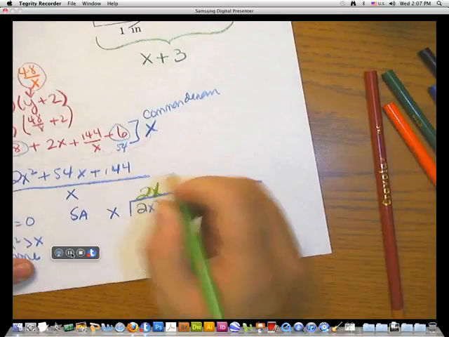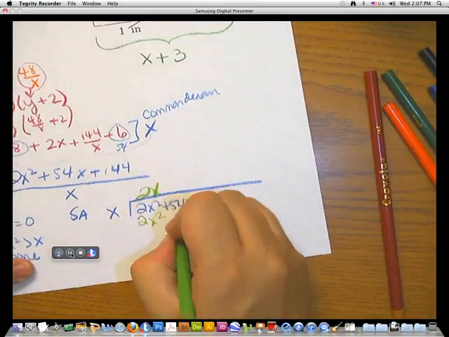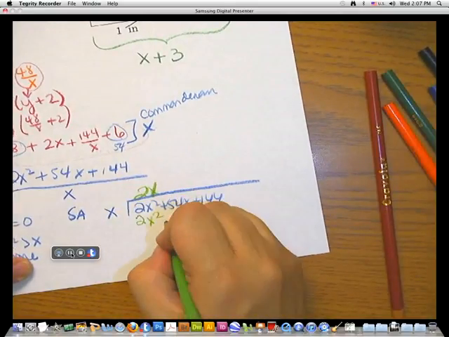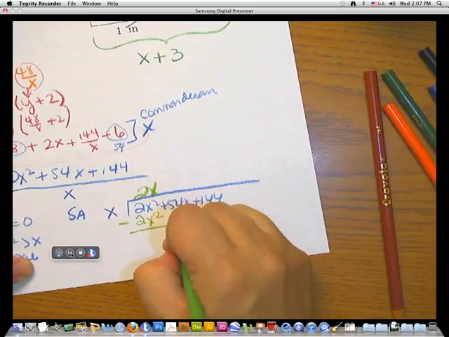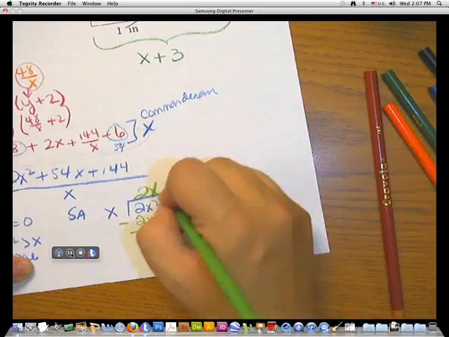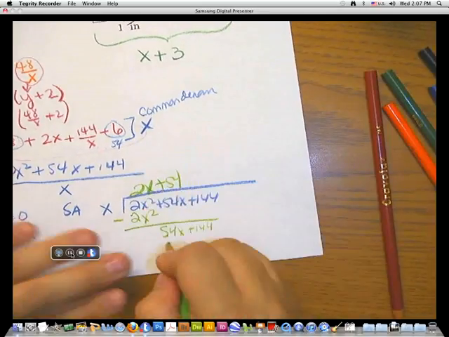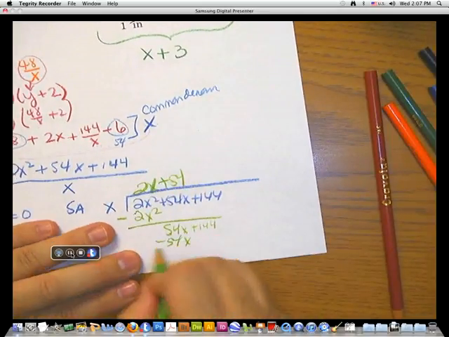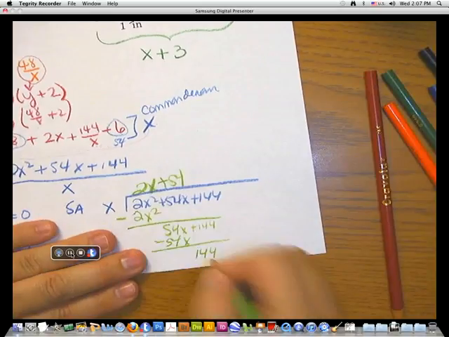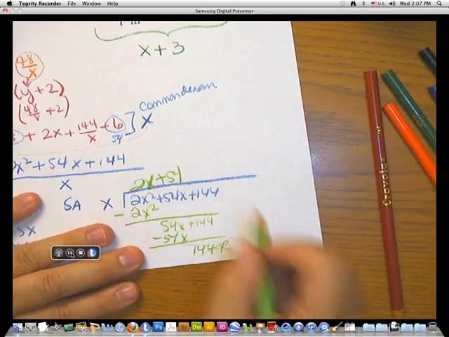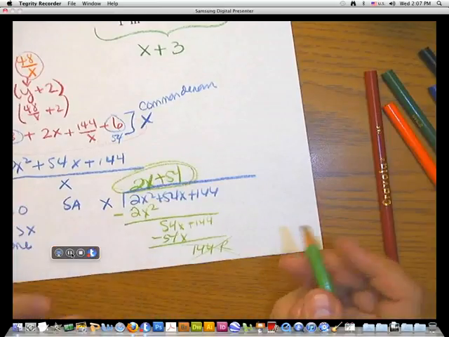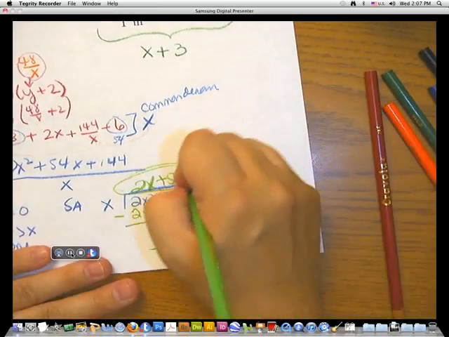When I divide into that, I'm going to get 2x. Everything else is going to come down. Then we're going to get 54. Switch signs. And x is not going to go into 144, so that's our remainder, which we don't care about. So 2x plus 54 is our slant asymptote.